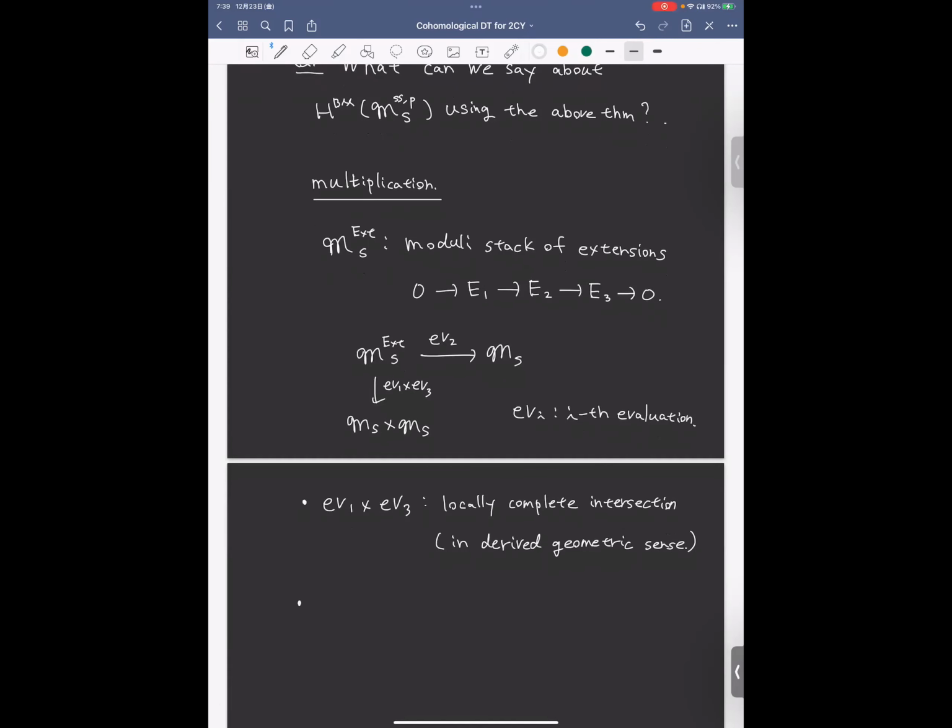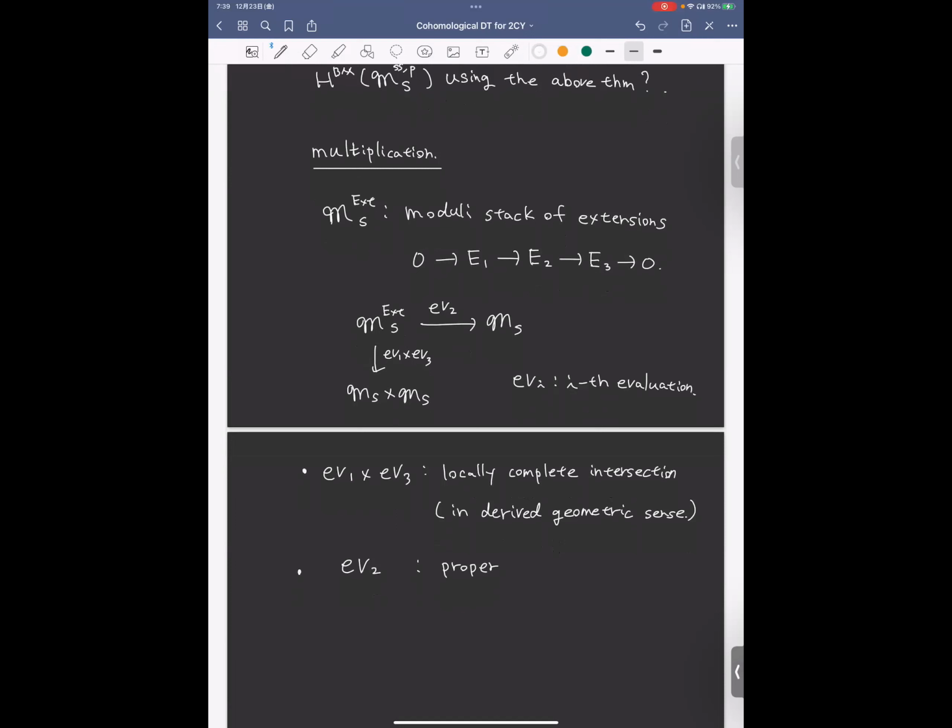Here I do not explain what it means to be locally complete intersection in the derived geometric sense, but what we only use is that we can define the Gysin pullback along this vertical morphism. And one can also show that the second evaluation map is proper, which corresponds to the properness of the Quot scheme.